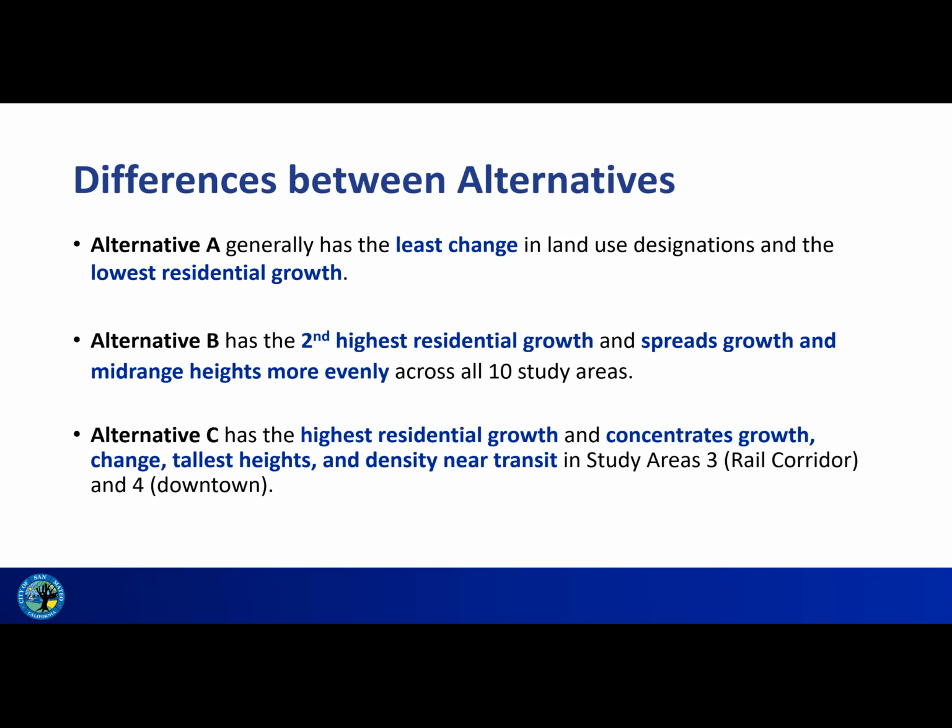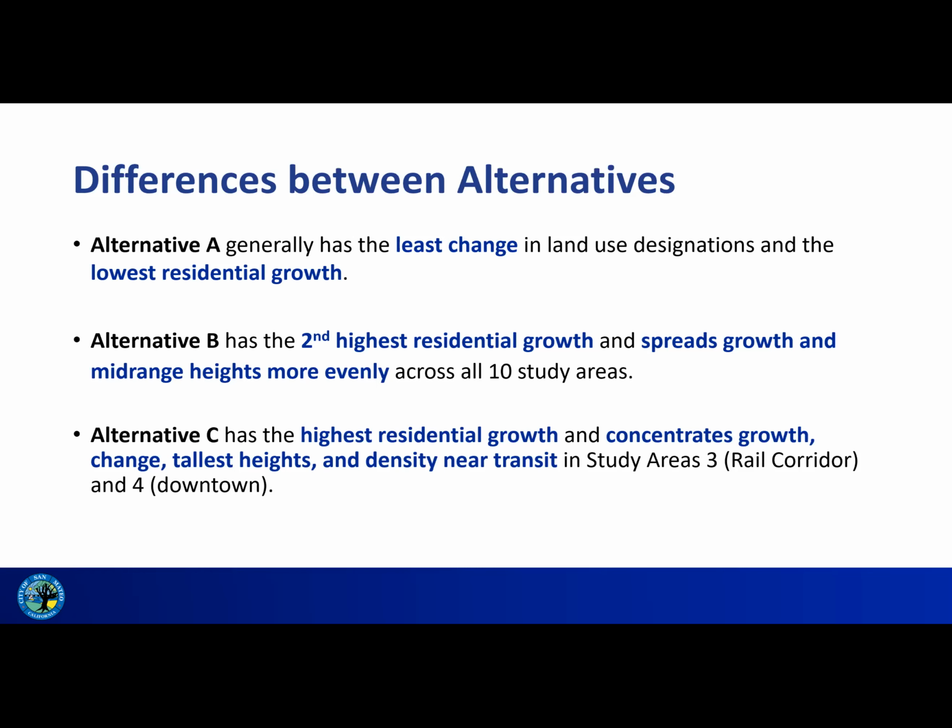Just a high-level summary of the different alternatives. The key differences: alternative A represents the least change in land use designation, and that also means the lowest residential growth. Alternative B represents the second highest residential growth, but would spread that evenly throughout the city, or throughout all 10 study areas.